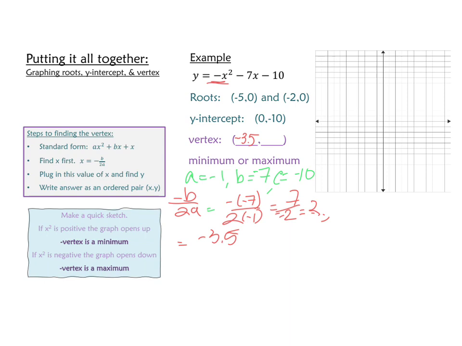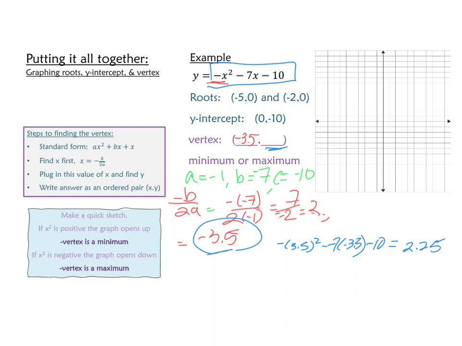To get the y, we just plug this -3.5 into this formula. -3.5 squared, -7 times -3.5, minus 10. You plug that into your calculator, what you come up with is 2.25. 2.25 is our y-coordinate.